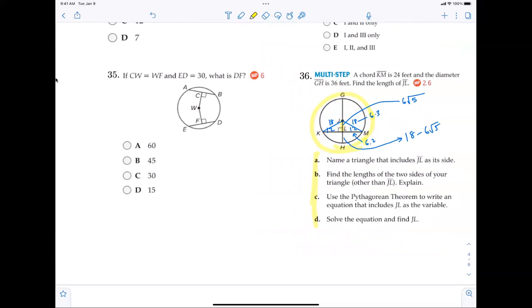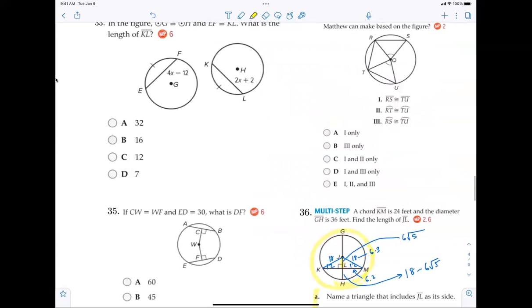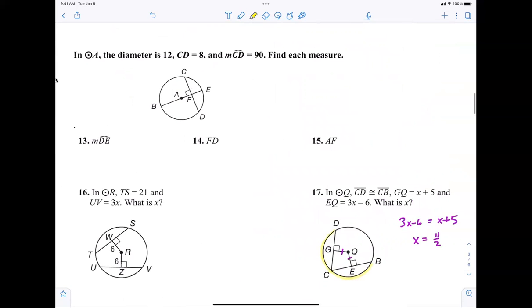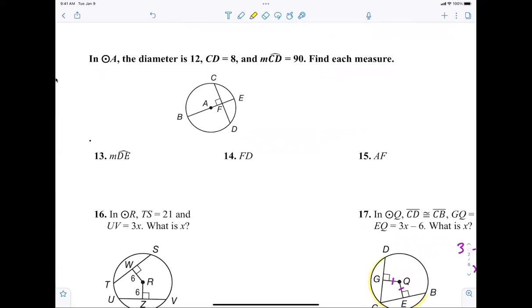Anybody else? Good, Harrison. On question 13. All right, let me jump up to 13 real quick. What are you thinking here, buddy? Now remember, measure is a what? Degree. Measure is a degree. All right. So I'm trying to find DE, right? So I'm trying to find the measure of that arc.